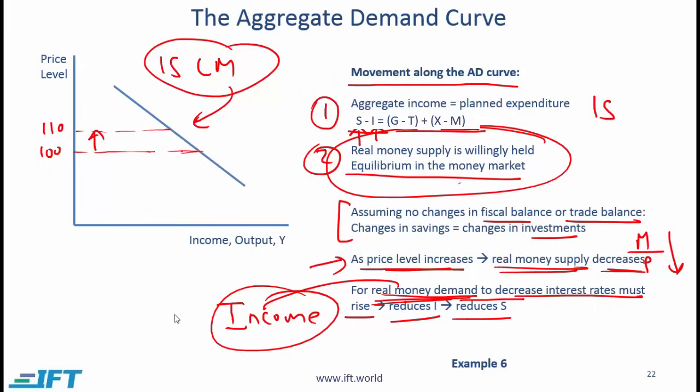When income is lower, then real money demanded is also lower. So since we have lower money demanded as we move from 100 to 110, the income is also coming down. So on the income axis, we are moving left.